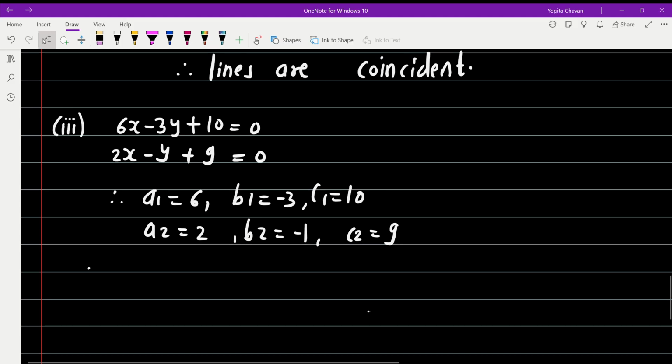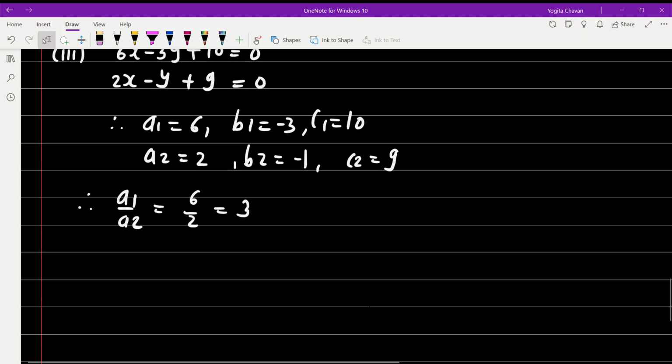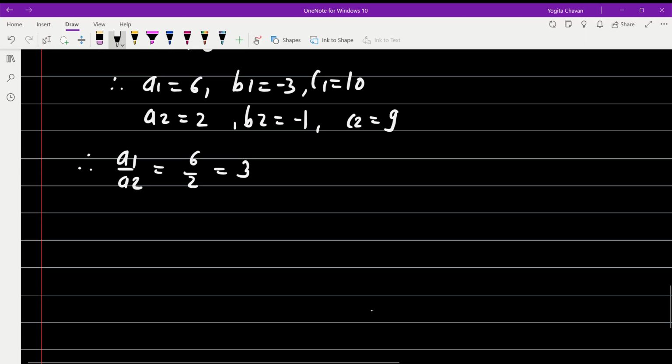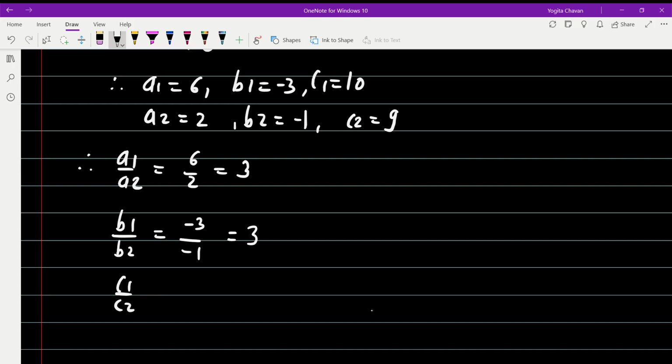And therefore, now a1 upon a2 is equal to 6 by 2, which is same as 3. Then b1 upon b2 is equal to minus 3 upon minus 1, which is again 3. And c1 upon c2 is equal to 10 by 9.